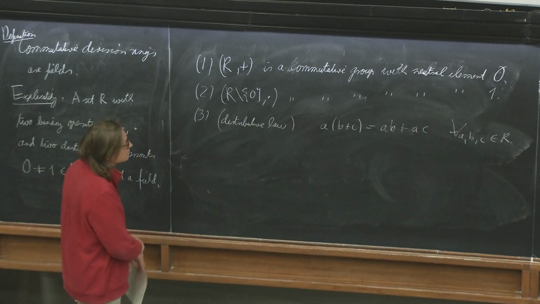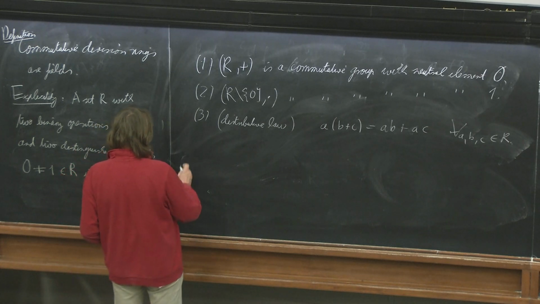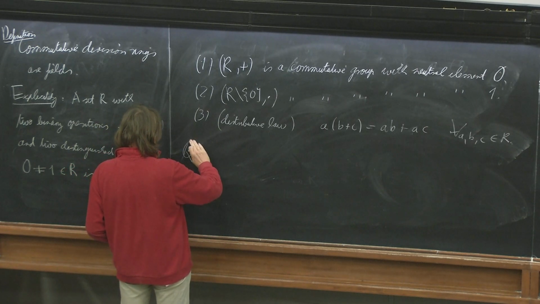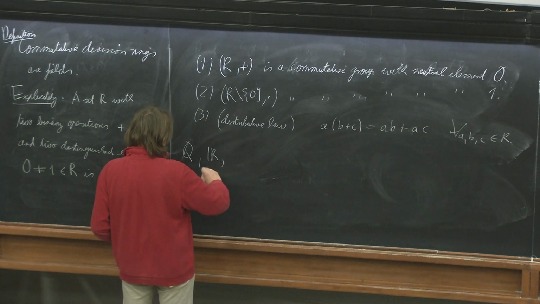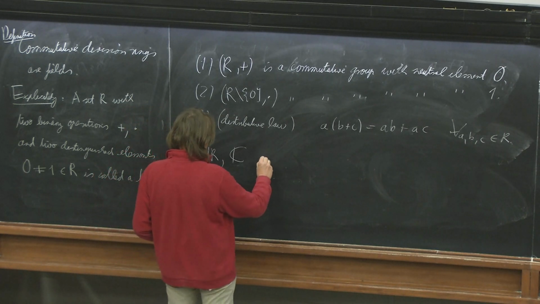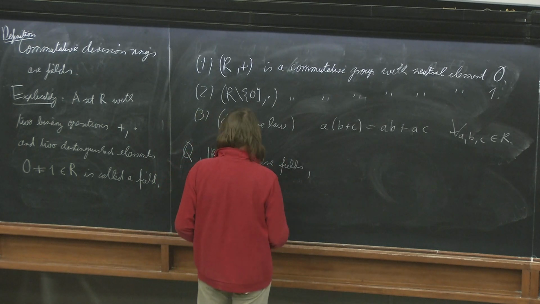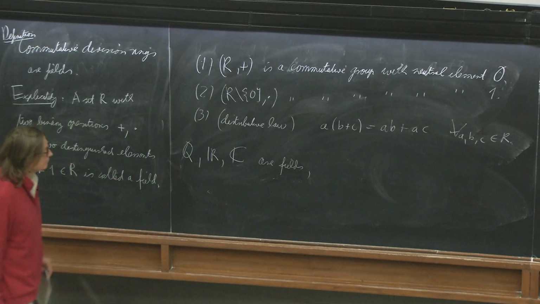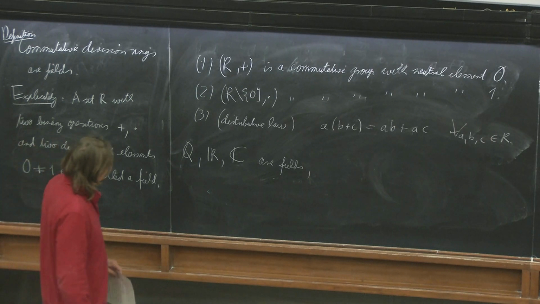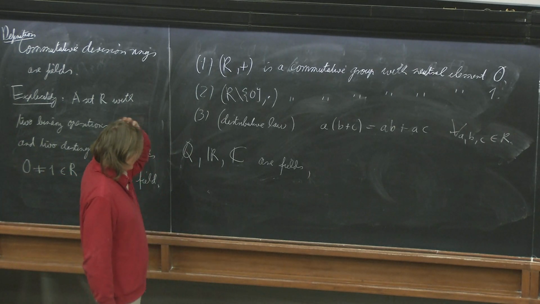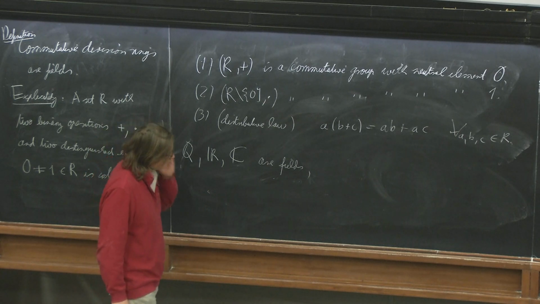So obviously, you know many fields: Q, the rational numbers, the real numbers, the complex numbers are fields. And for instance, the integers are not a field because not every non-zero element is invertible.